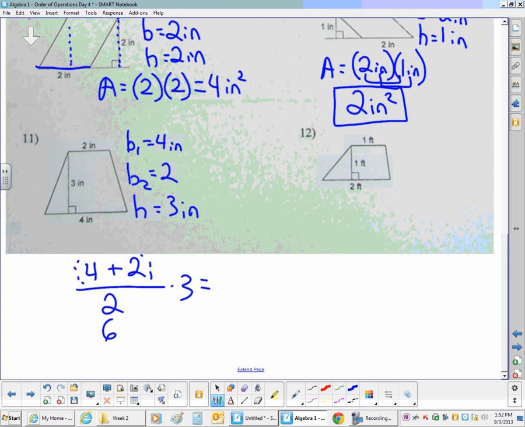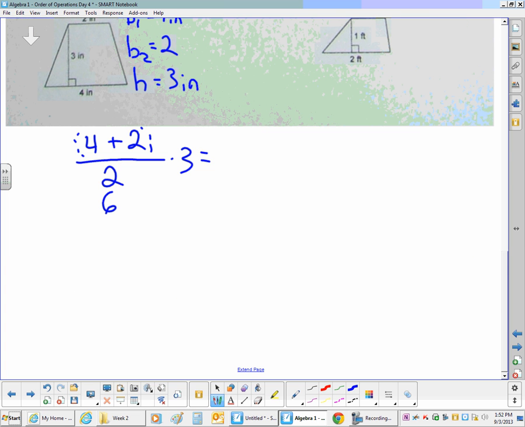So we end up with 6 over 2 times 3. Well, 6 over 2 simplifies. You can divide 6 over 2. And we get 3 times 3, which equals 9. And we were talking about inches. So this is square inches or inches squared.